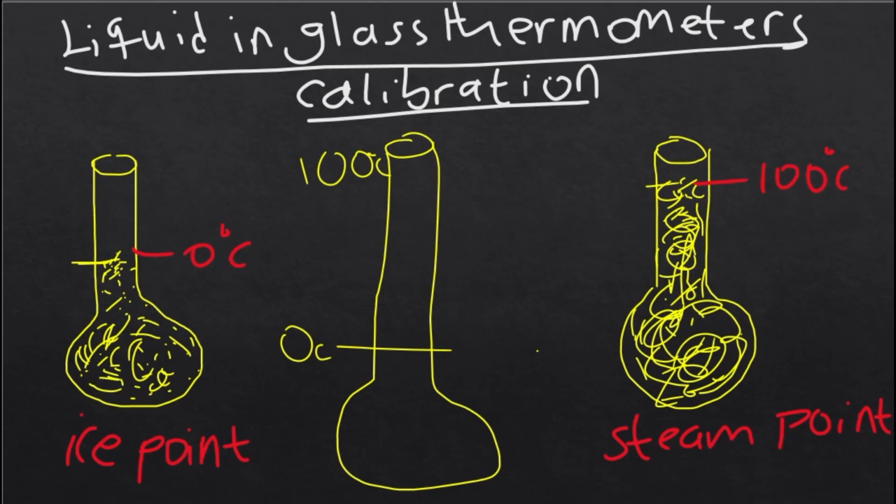The distance between the 0 degrees Celsius mark and the 100 degrees Celsius mark, let's just say the height, can then be divided into 100 equal units. So the range from here to here is 100. We can divide the distance. Let's say H2 minus H1 is just H. So we'll take H and divide by 100.